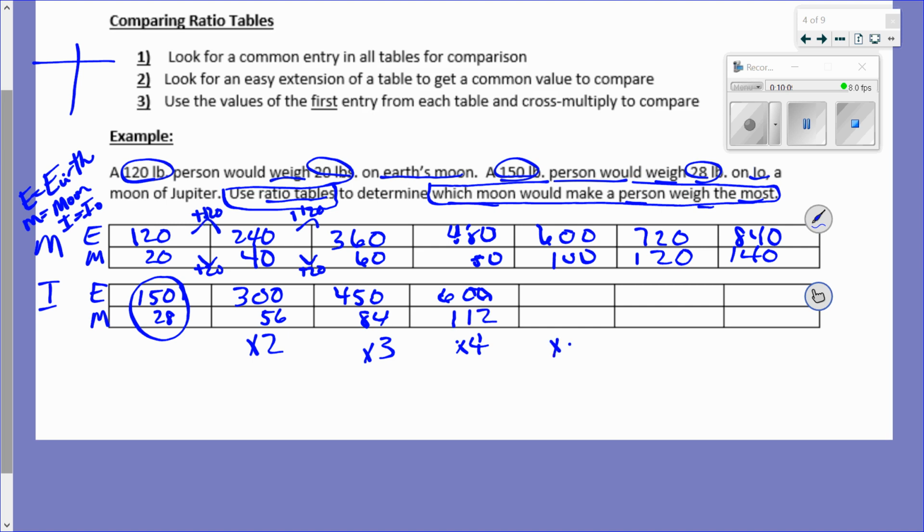Then I'm going to do times 5. That'll get me 750 and 140. Then I'm going to go times 6. That will get me 900 and 168. Then I'm going to do times 7. Gets me 1,050 and 196.